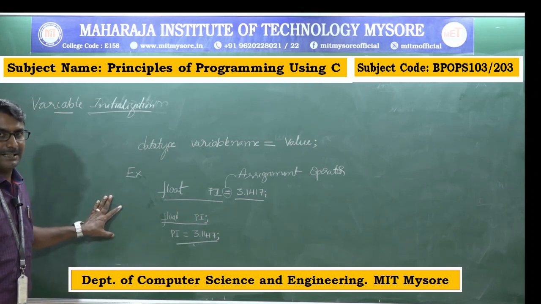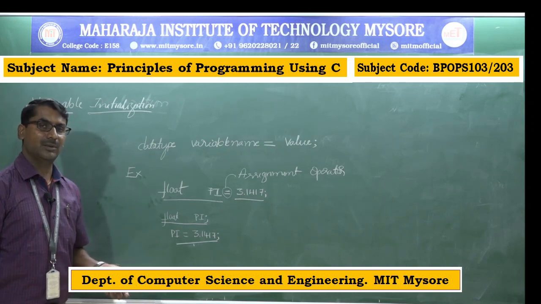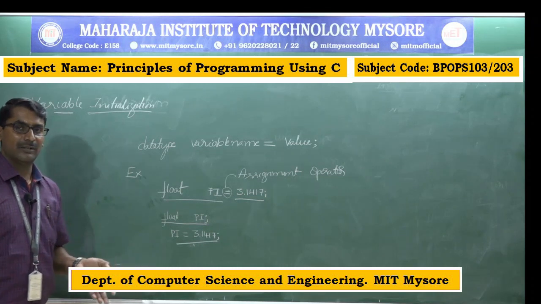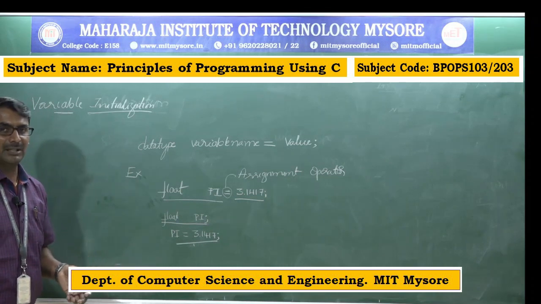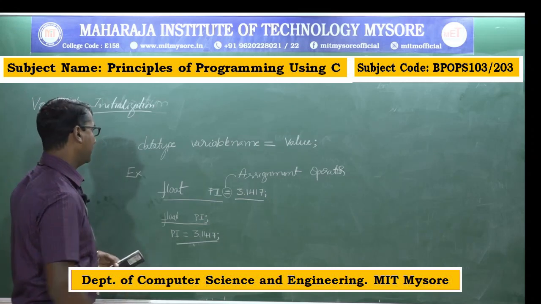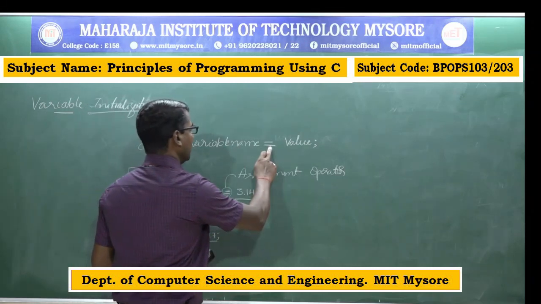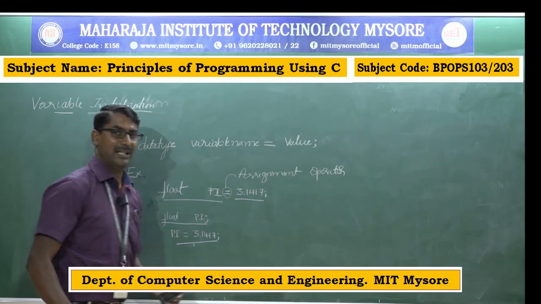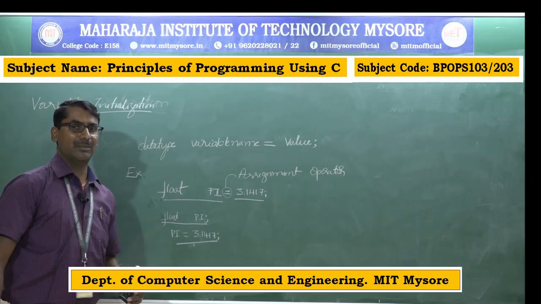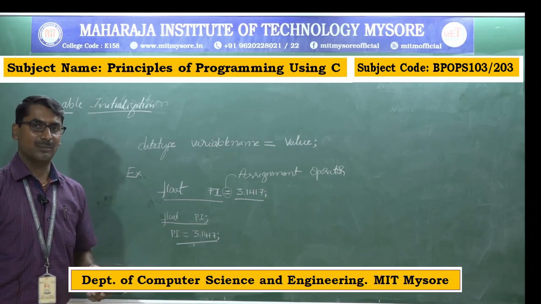So variable initialization is the process of assigning the values to the variables during variable declaration. So the syntax of variable initialization is data type, variable name is equal to value. If you do not assign the value to the variable, the variable will contain unknown values or garbage values.